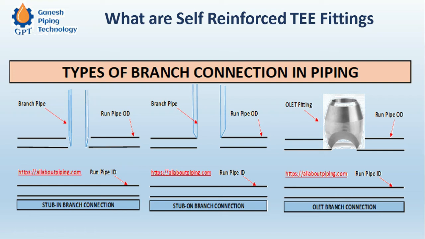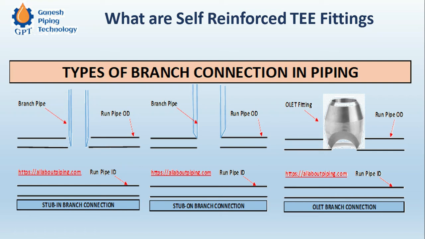Okay, but suppose we go for a higher size of header like 40-inch, 50-inch, 26-inch, 24-inch, maybe 80-inch. In that case, if we are going for the commercial fitting, except the equal size T, like a reducing T, say 50 by 30-inch, then it is very costly.